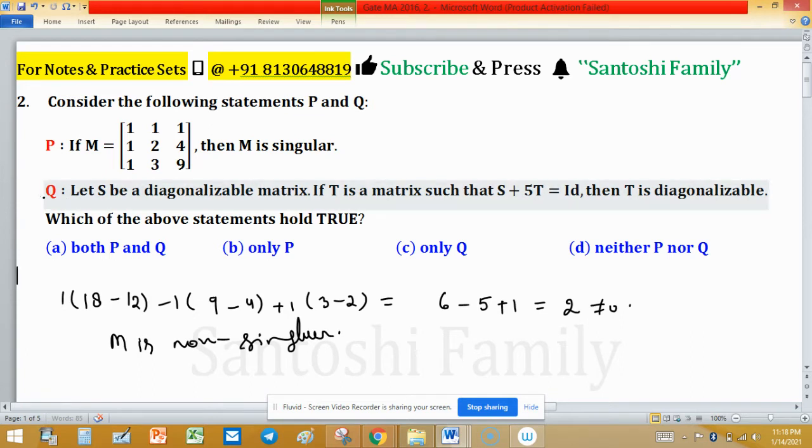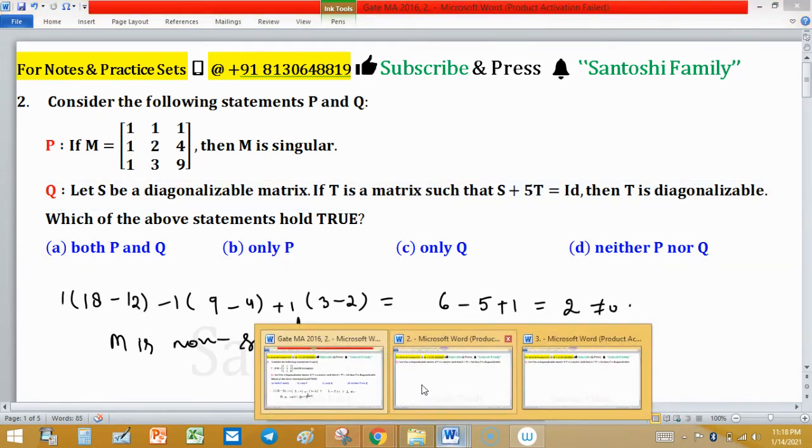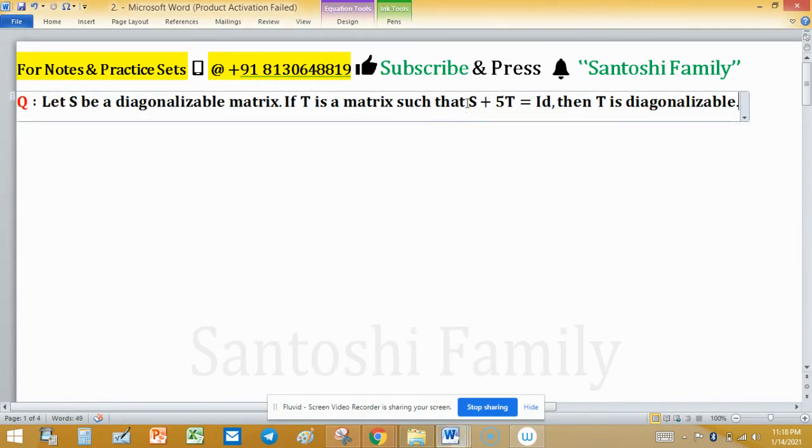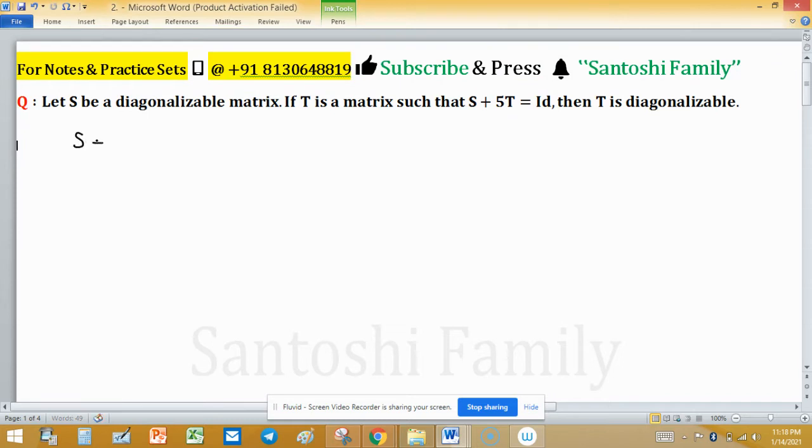Now come to statement Q. Let S be a diagonalizable matrix; if T is a matrix such that S plus 5T equals ID, then T is diagonalizable. We need to tell about the diagonalizability of T given S plus 5T equals ID. Here D is a constant.